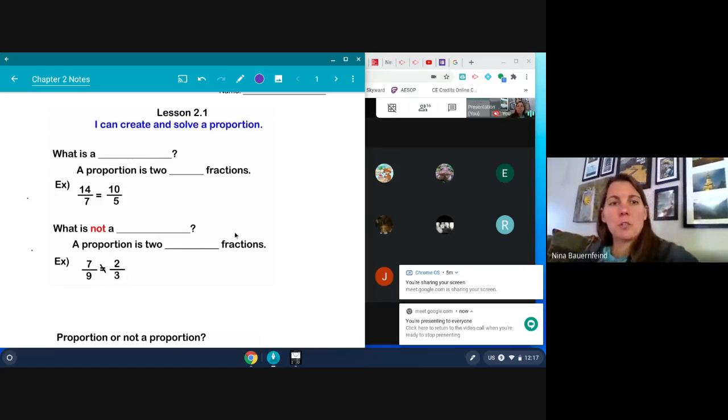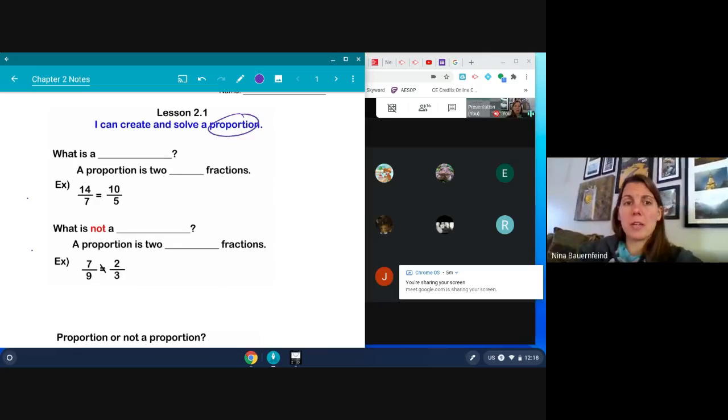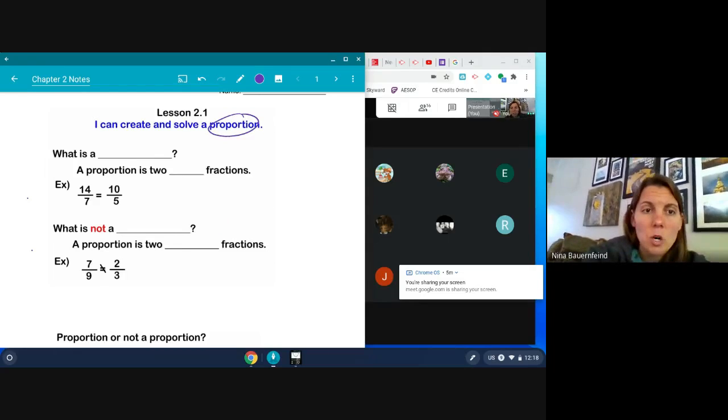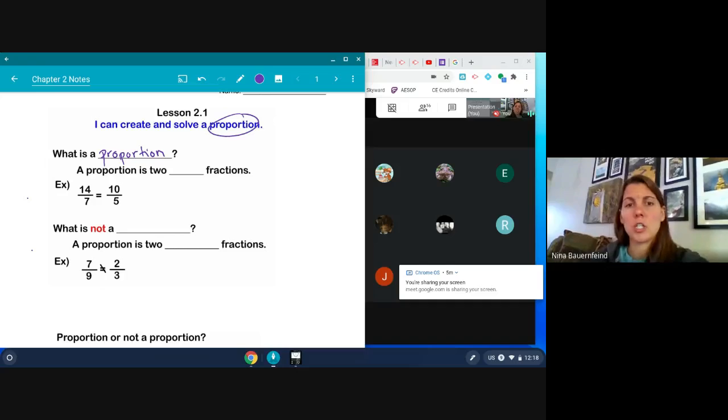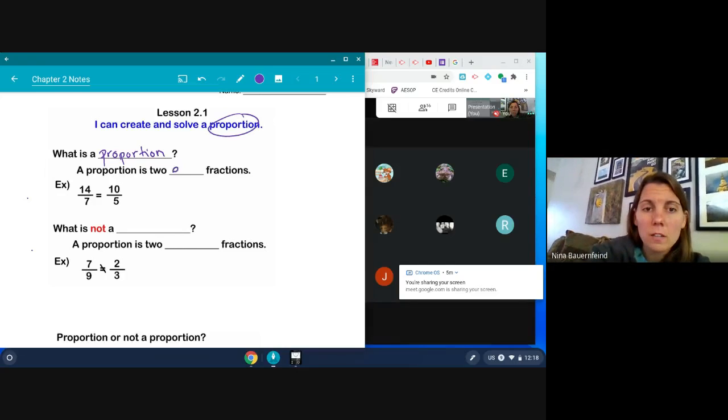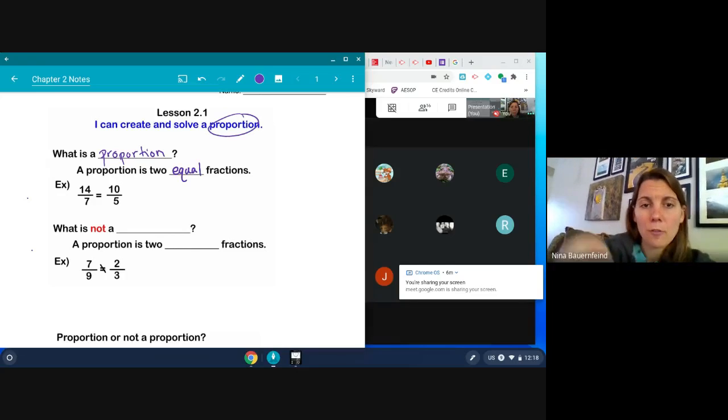So lesson 2.1 is about creating and solving proportions. A proportion, this is the big idea for today. So what is a proportion? A proportion is two equal fractions.